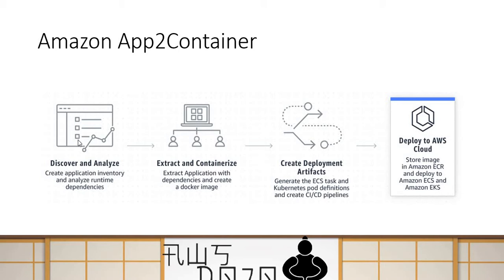So basically, you have one classically deployed application, and you use this tool to convert that into a containerized application, where the application has been Dockerized, the Docker image has been stored to ECR, and the application itself has been deployed to an ECS or EKS cluster. So from classical to containerized deployment, these three steps of App2Container take care of this whole process.